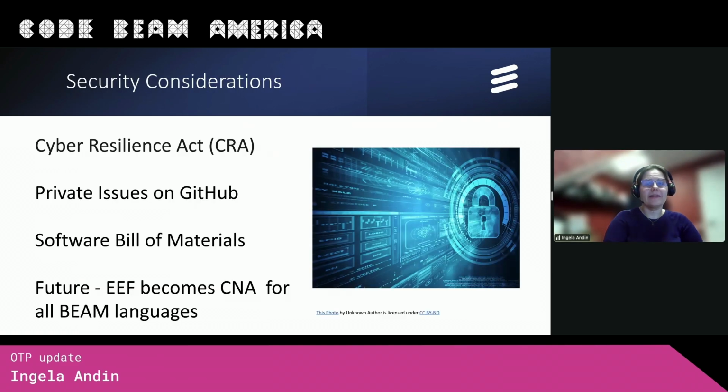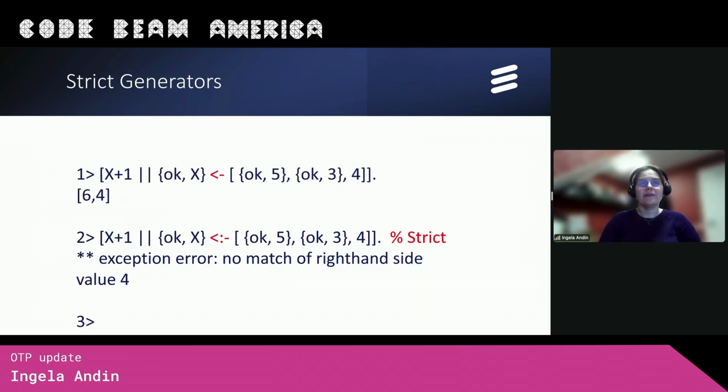So I can go back to here. So you see, a normal comprehension just has an arrow. And if you want a strict generator, you have to put a colon in the arrow. Okay, thanks. I couldn't see that from the back. So it's a new feature, and you only get it if you want it.